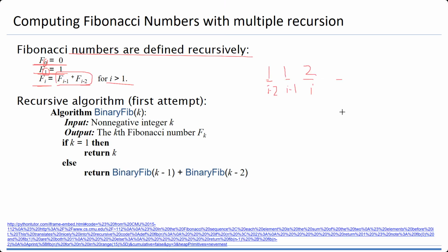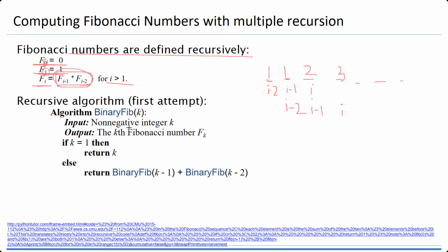If now it becomes I, then we do I minus 1 plus I minus 2, and the result will be 3 because we sum 1 plus 2, and so on. So we can use a formula like this one.